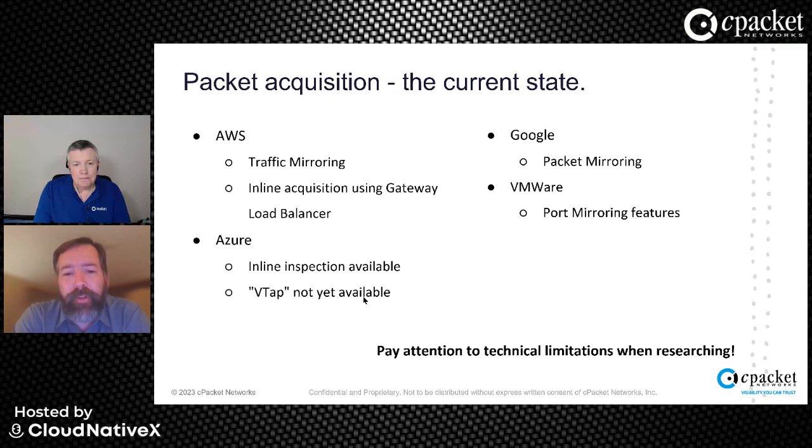So that presents an interesting conundrum when you want to do inspection for troubleshooting purposes, or you want to do security. Doing both at the same time cannot really be done with just a single packet stream. But cPacket tries to help you solve those problems with our cCloud products.